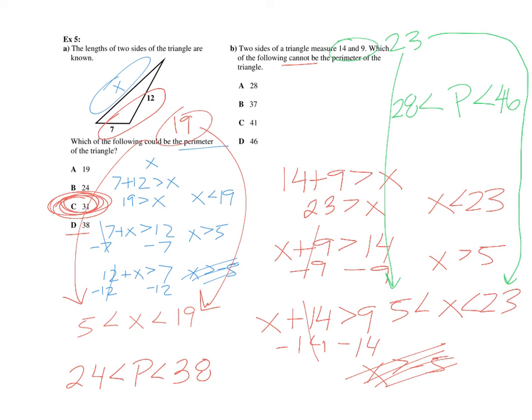Okay, 37 is between those. 41 is between those. Well, 28 is not between, and neither is 46. So I don't know what's going on here. I've got to change the numbers here. But both of these don't work, all right? So these two numbers cannot be the perimeters of the triangle.